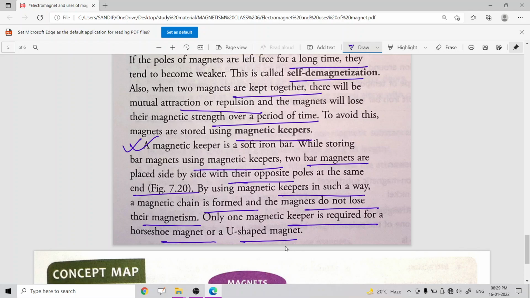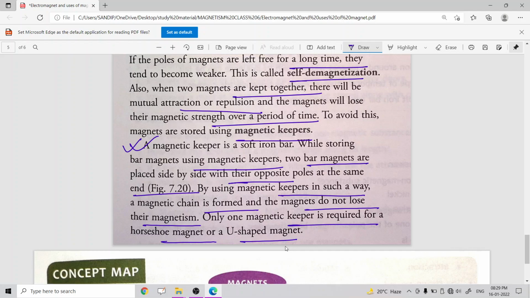And when two magnets are kept together, due to their mutual attraction and repulsion force, the magnets will lose their magnetic strength over a period of time. To avoid this type of demagnetization, we have to store the magnet using magnetic keepers. A magnetic keeper is a soft iron bar.